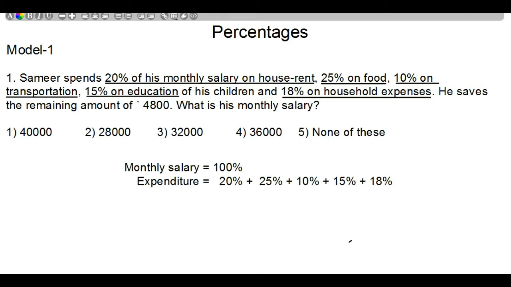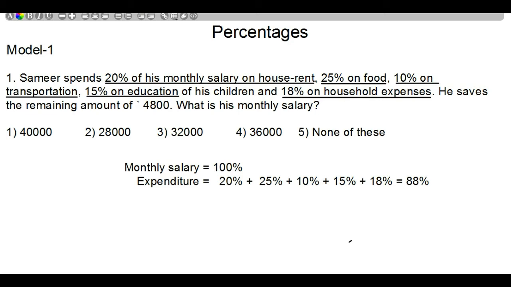So altogether the total expenditure here is 20 plus 25, 45 plus 10, 55 plus 15, 70 plus 18, that is 88%. So we can say that the total monthly expenditure of Samir is 88%.